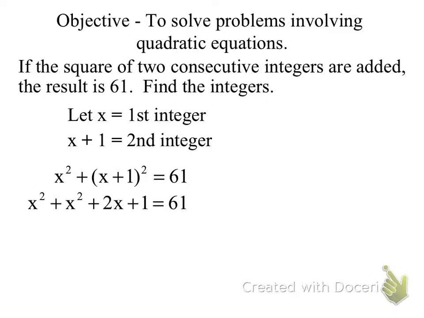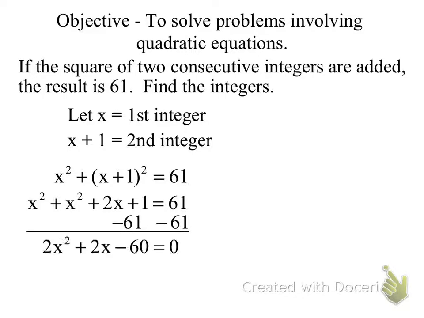And then I'm going to combine my like terms and subtract 61. So we get, we can divide both sides by 2. And now what? Anybody? Daniel?